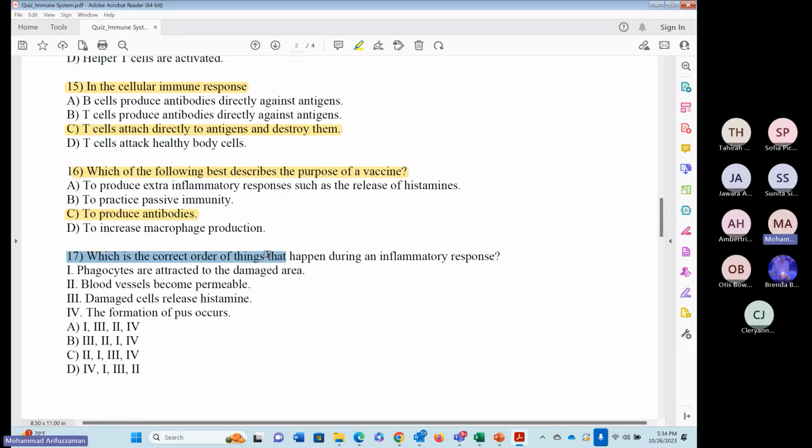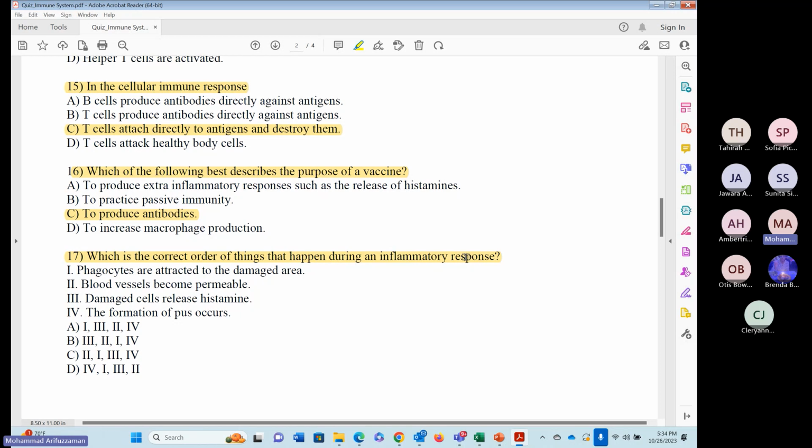Which is the correct order of things that happen during an inflammatory response? Think about an injury, like a cut in the skin. What happens?